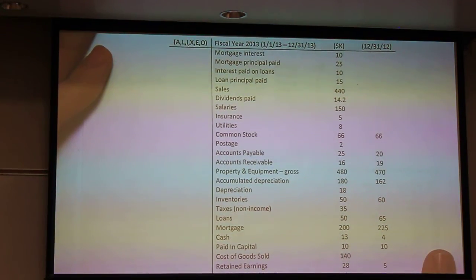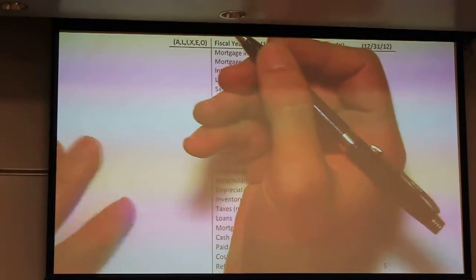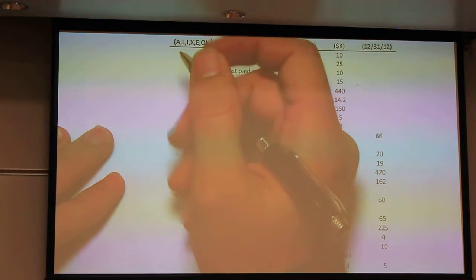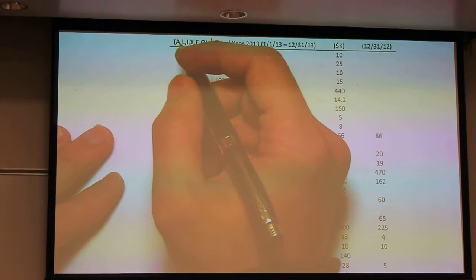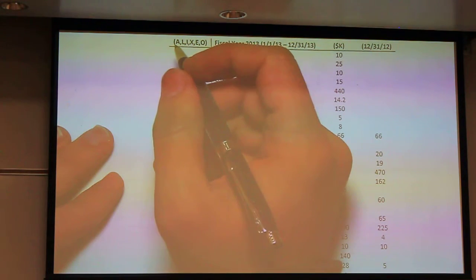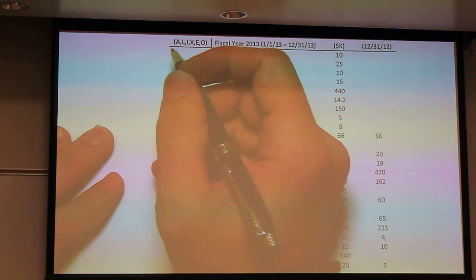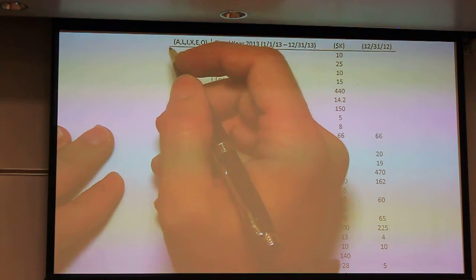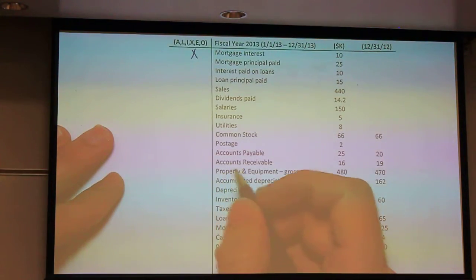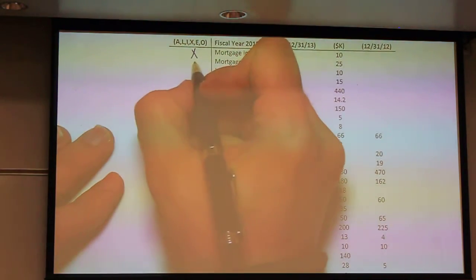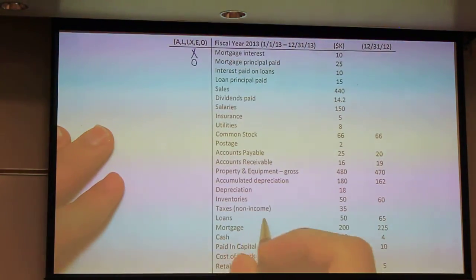Mortgage interest, the type. Interest. Guys, interest is always expense. Okay, make a note. Mortgage interest, loan interest, whatever interest, it's an expense. So this goes in an X. Mortgage principal paid, it's other.